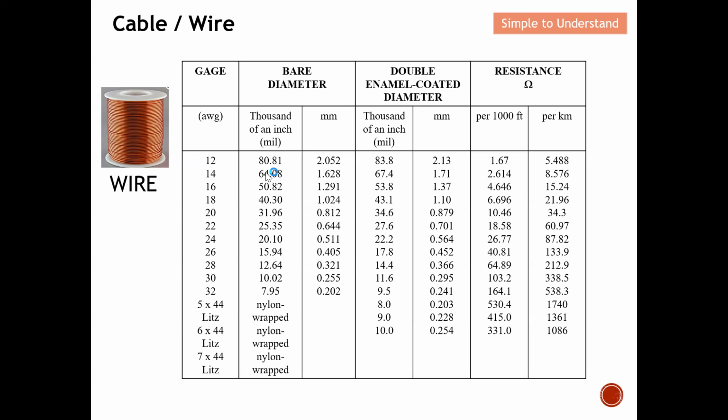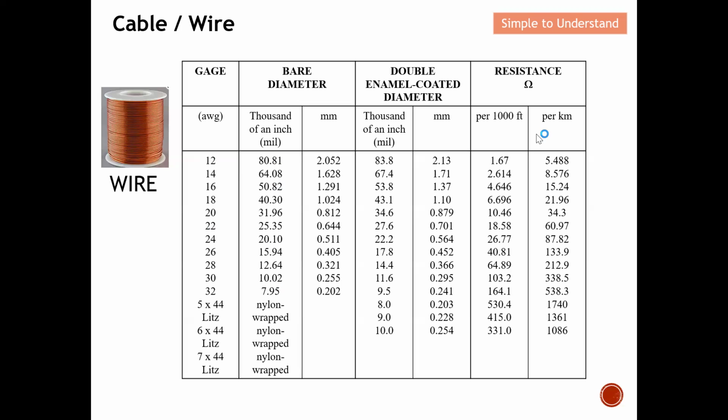You can see that the AWG number increases as we move down. On your right, you have the diameter. Let's just focus on the bare diameter and neglect the rest for a moment. You can see that when AWG increases, the size of the cable reduces. This is the relationship which I explained on my previous slide: when AWG increases, the diameter reduces.